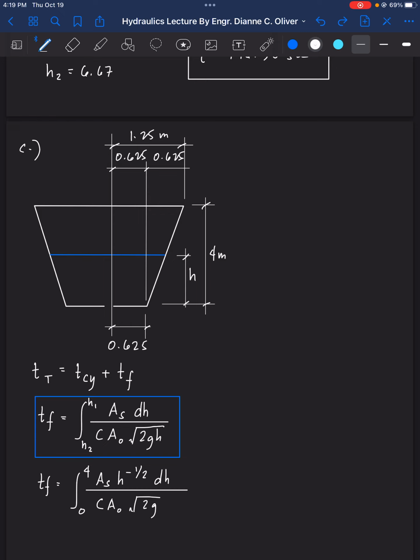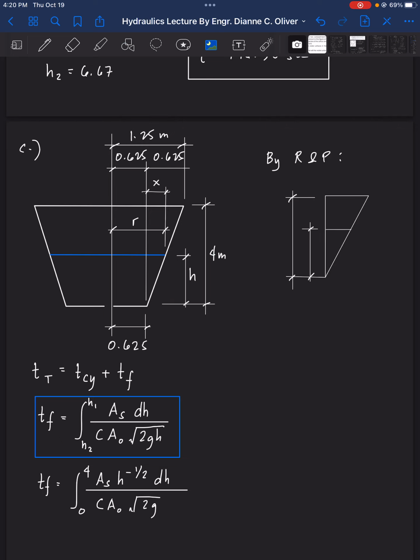We're looking for the radius, so we might as well look for the value of x here. This is the radius that we're looking for, and this is our x for this triangle. There is a triangle here and another triangle there, so it's the similar triangle theorem.